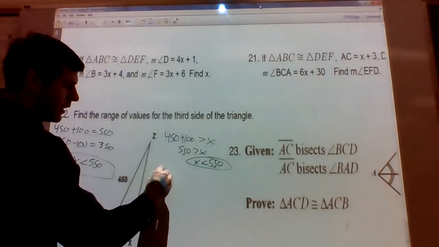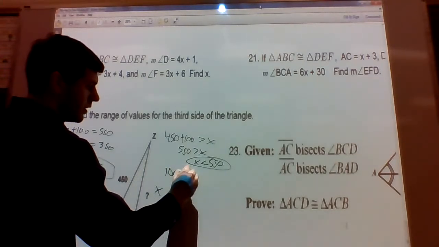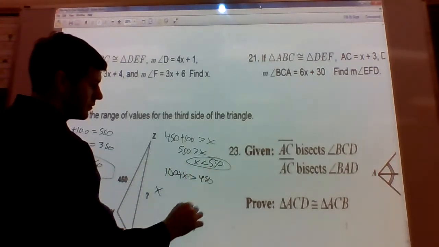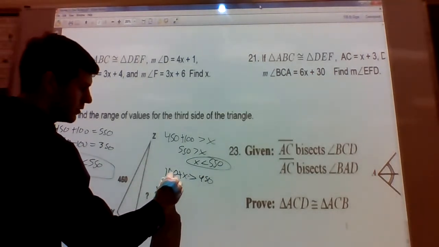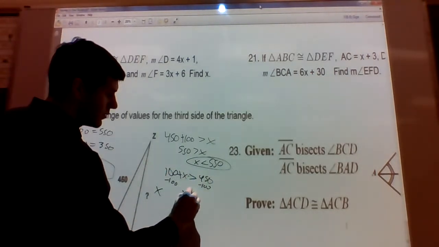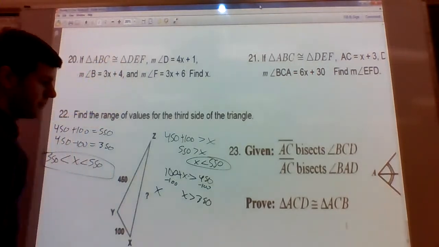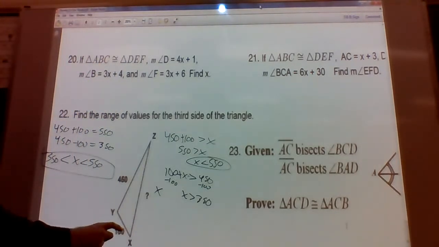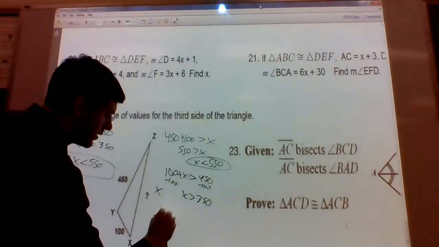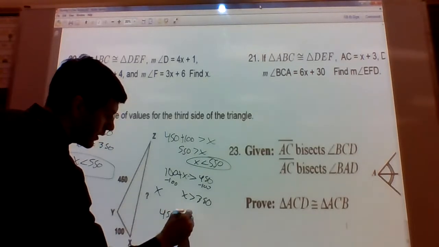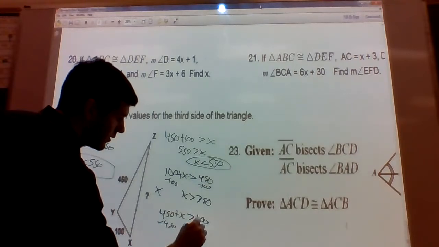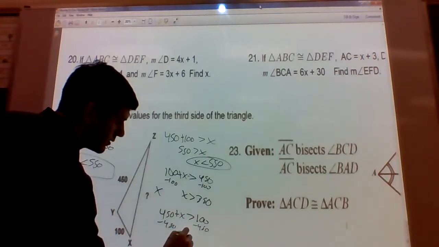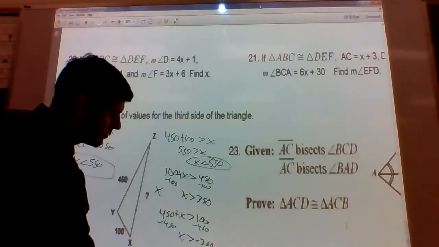Okay, we also know that 100 plus x has to be greater than 450. These 2 sides have to be longer than the third side. Okay, subtract 100. X is greater than 350. Okay, then we also know that 450 plus x has to be greater than 100. Minus 450, x is greater than negative 350.